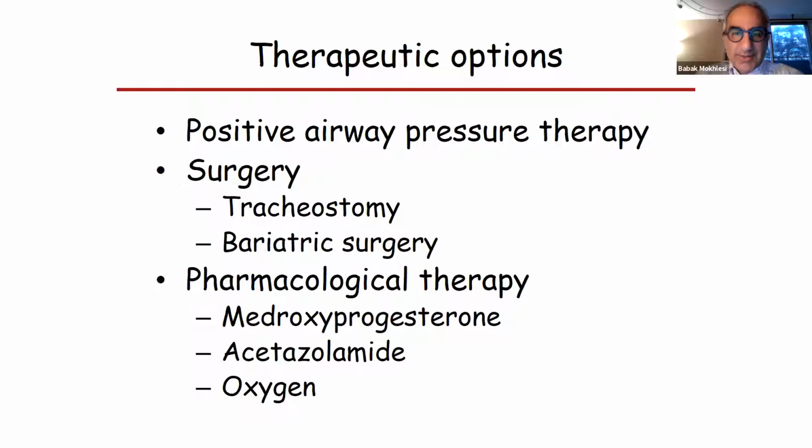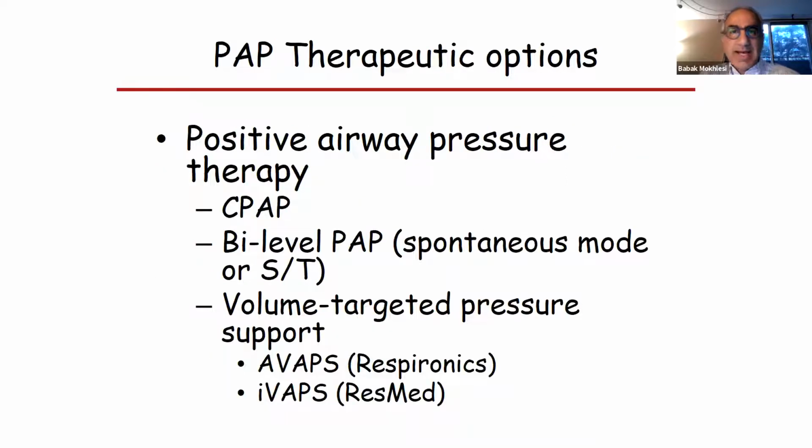So treatment options, I've listed here a bunch of options that we'll go over some of them. So if we think about positive airway pressure therapy, again, here you have a variety of options.